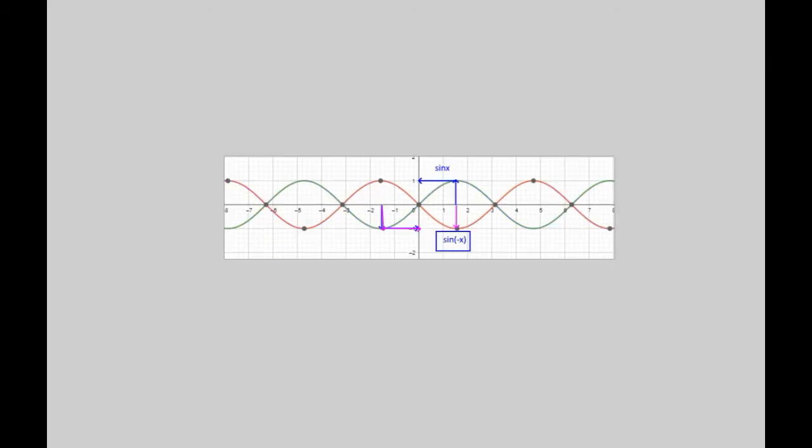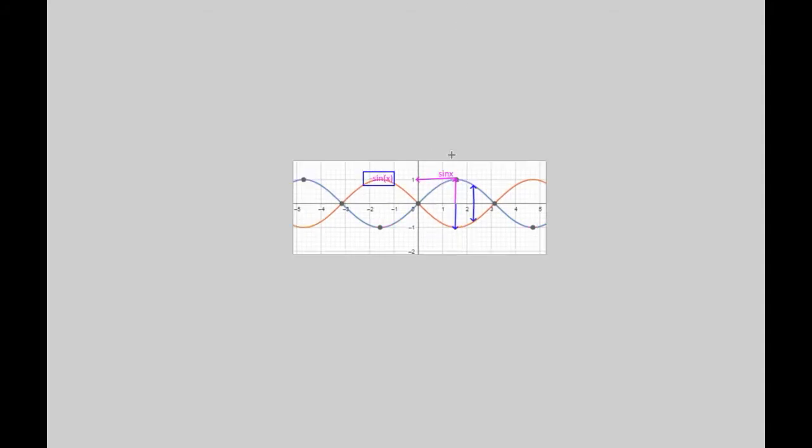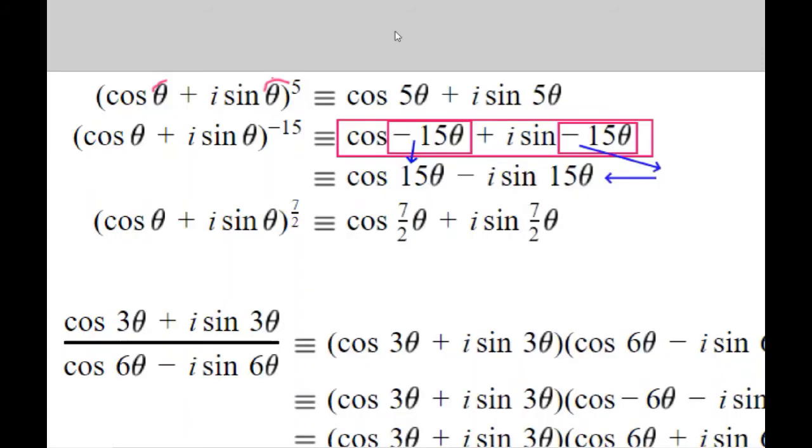But overall, for this problem, you can see that those two are the same things. However, sine minus x is a little bit nastier to look at than minus sine x. So when you see a minus theta, we'd rather write it with the minus sign in front of it. So anyway, we got cos 15 theta minus I sine 15 theta, and that is the best solution for that one.